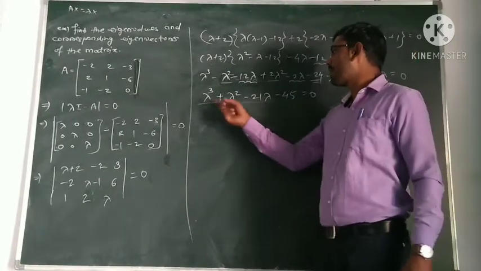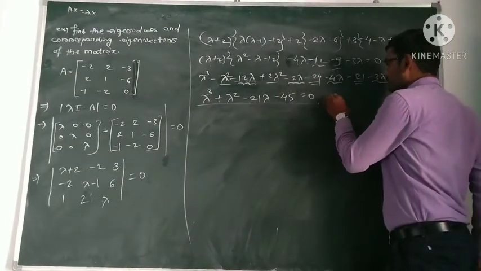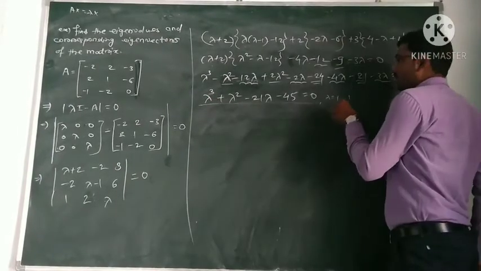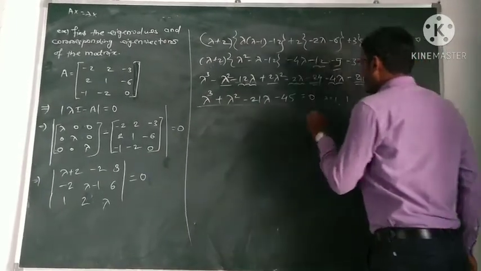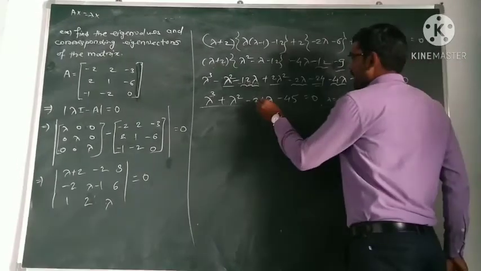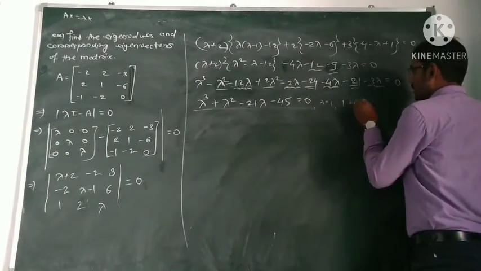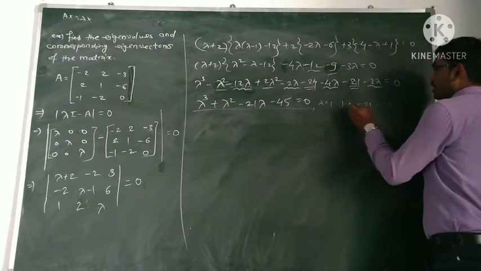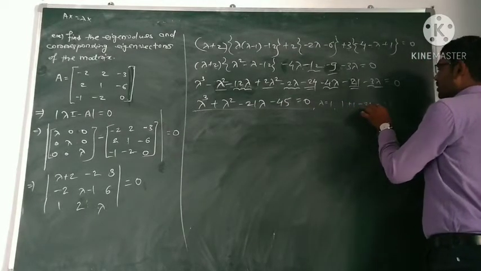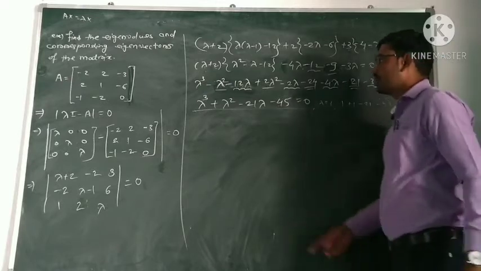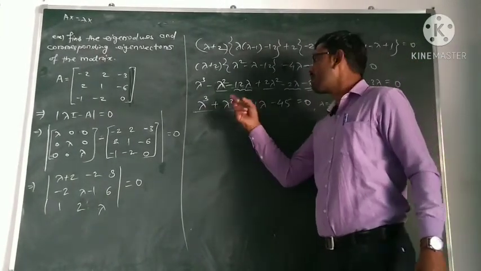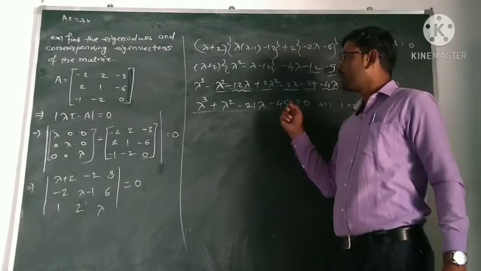If you put lambda is equal to 1, then 1 cube is 1, 1 square is 1. So minus 21 into 1 is minus 21 and minus 45. Now 1 plus 1 is 2, minus 21 and minus 45 is not equal to 0. We know if something is a root of this polynomial, then by putting the value we will get zero.